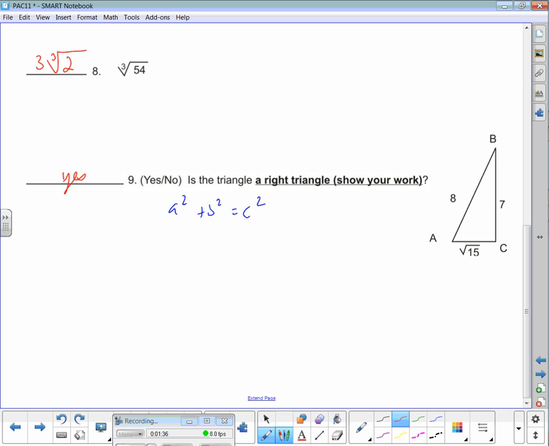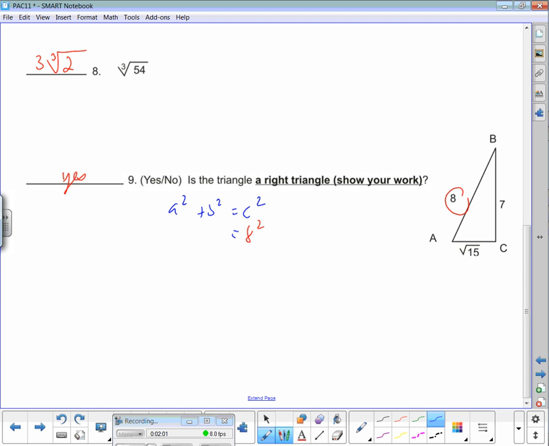You know which? C has to be, and which one of those three sides is the C on the triangle? It is the 8. Again, the C is always the longest side. We don't know that it's across from the right angle right now because we don't know it's a right triangle. But you got to use the 8 in for the C.